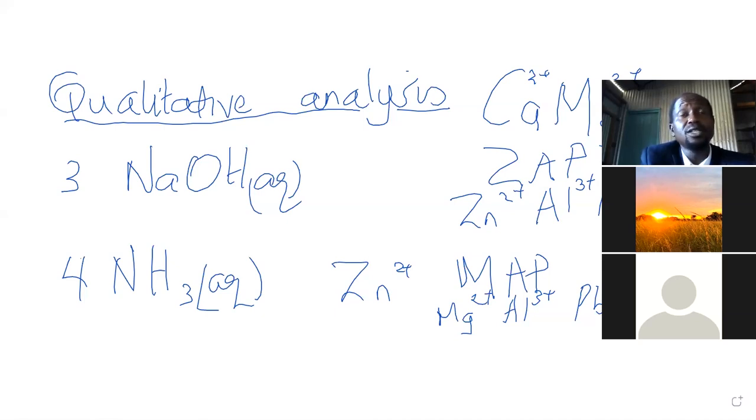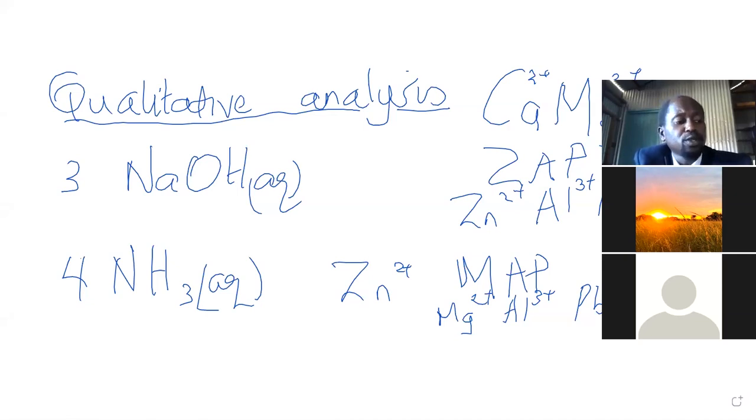Again, no precipitate is awarded half of the marks because you are supposed to say you expected it white. So no white precipitate. The inference would be zinc and MAP absent. That is 4 of them: zinc and MAP, magnesium, aluminium, lead 2.